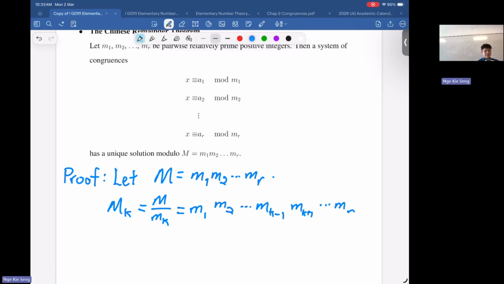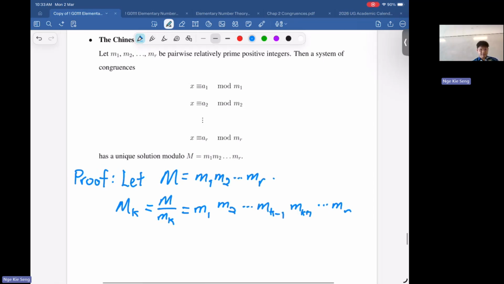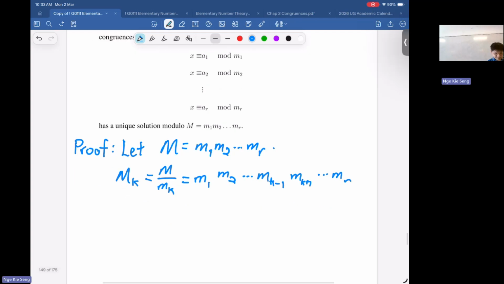Then what's your solution? What does your solution look like? Not yet, actually. You still need one more criterion here. Basically, find an inverse.